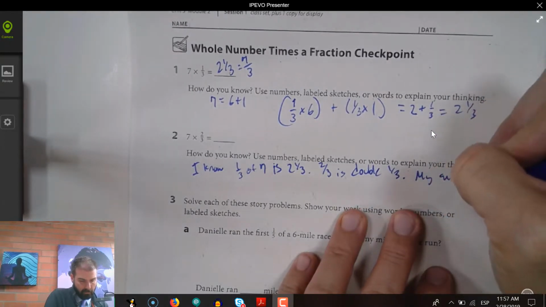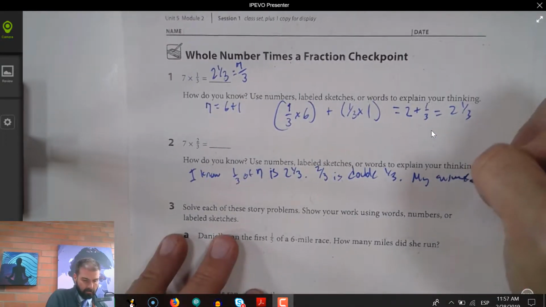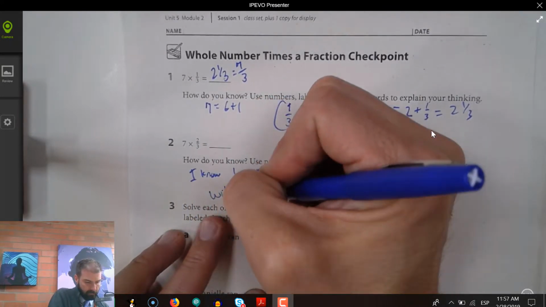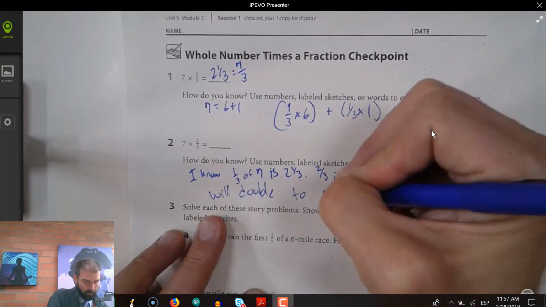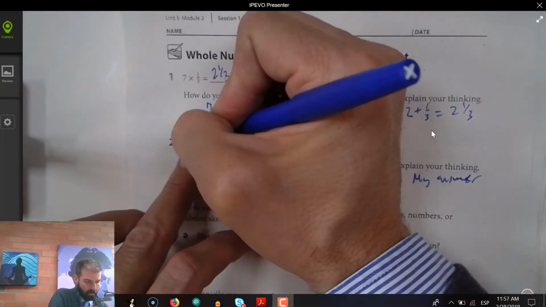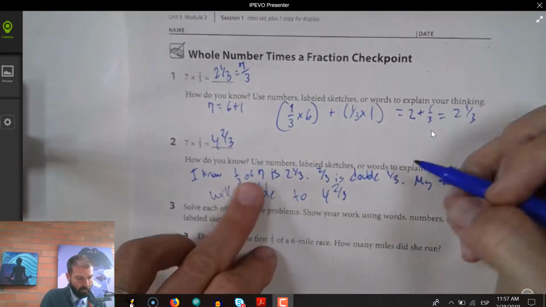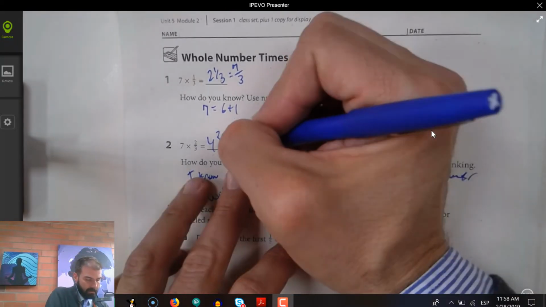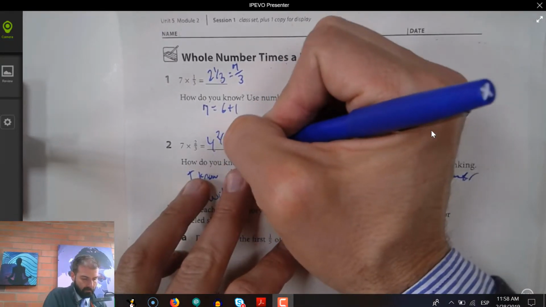My answer is doubled. 2 and 1/3 doubled is 4 and 2/3. That was fun. So if you did another strategy like adding them all together, then you would have gotten something like 14/3.